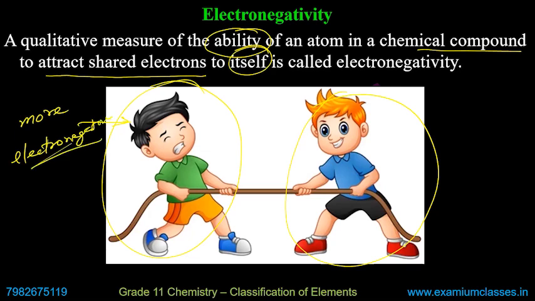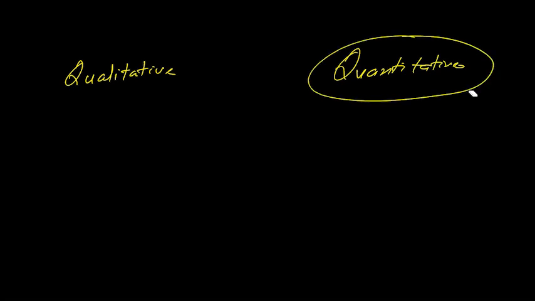Now, the keyword written here is qualitative. The difference between qualitative and quantitative is that quantitative means you can have some value of it. You can measure it. Although we have some means of measuring electronegativity also. But the difference between qualitative and quantitative: quantity means you can count it, you can measure it.